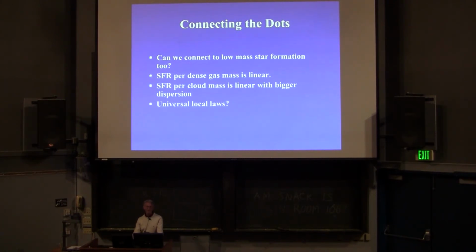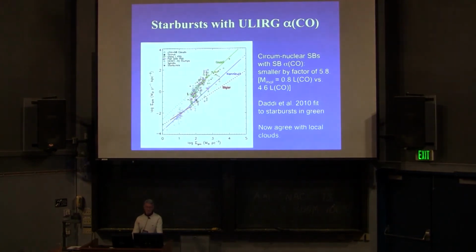Or we could talk about the star formation rate per cloud mass, but with a bigger dispersion. This is a plot of the local clouds, all these stars and diamonds and so forth. These are the previous measures of the star formation rate in the dense gas region, in the massive regions, and we think they're underestimated, so they probably belong up here somewhere.